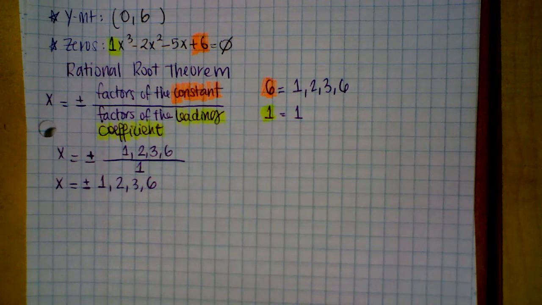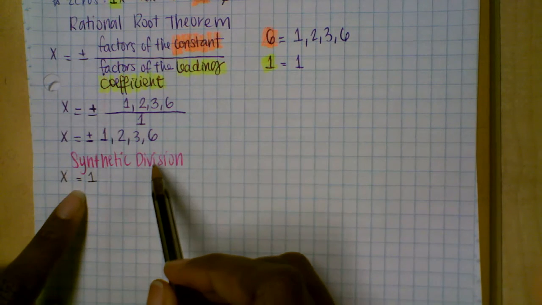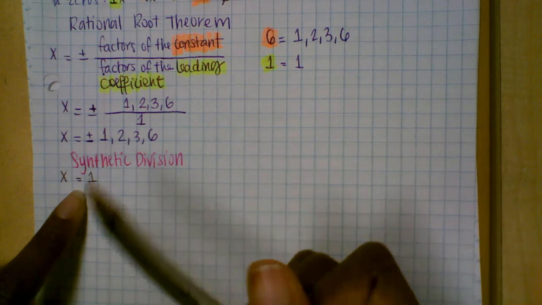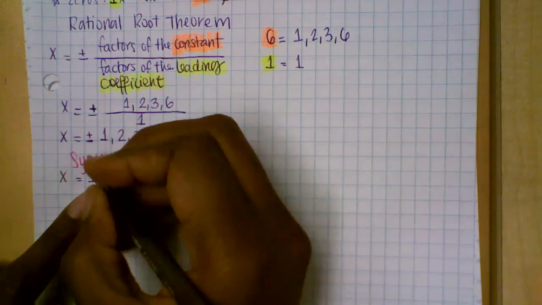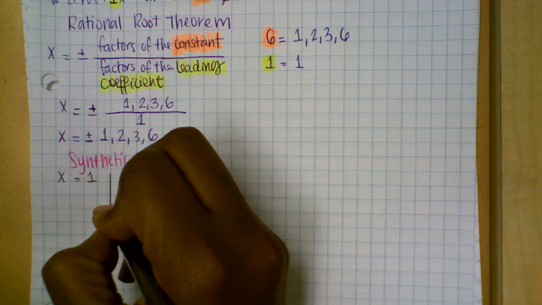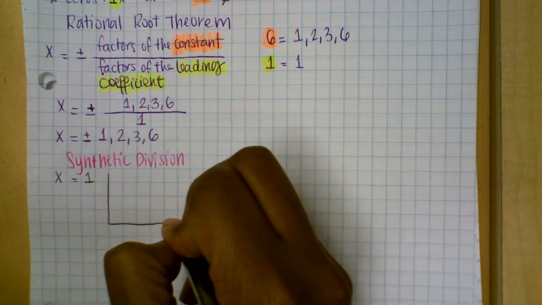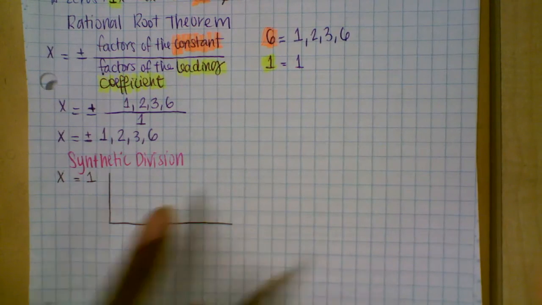That's when you have to use another method, which we call synthetic division. You use synthetic division to find out which ones are solutions. I'm going to start with positive 1 first and check. At 1, you draw an L shape, or half of a rectangle on the left.